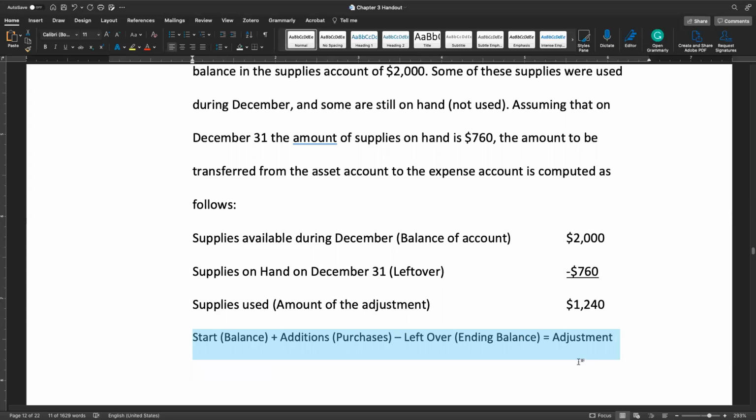So whatever we start with, we're going to add in anything we purchase. We're going to subtract anything that's in our ending balance, and that's going to give us our amount to adjust.